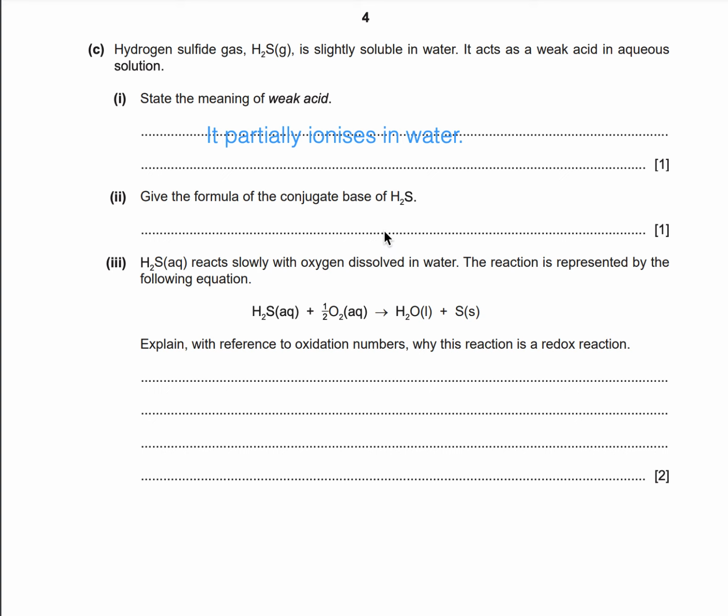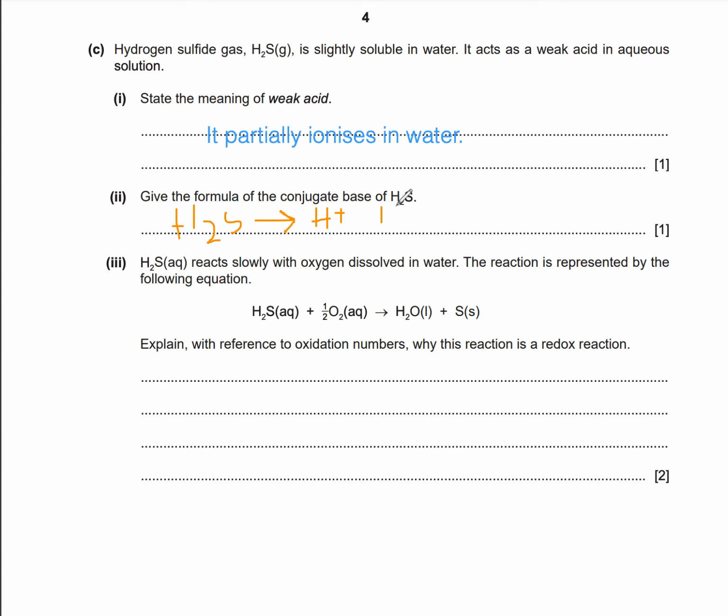Now, if we look at it, hydrogen sulfide is slightly soluble in water. So H2S, when it ionizes, what do we get? We get one H positive ion, of course, and whatever is left.